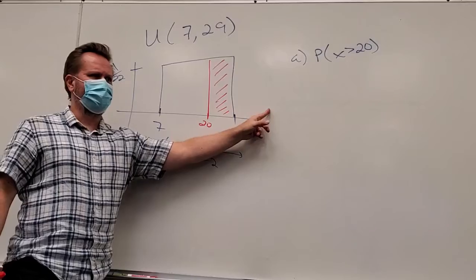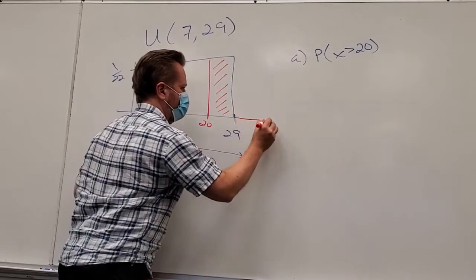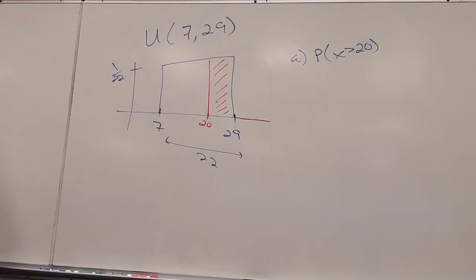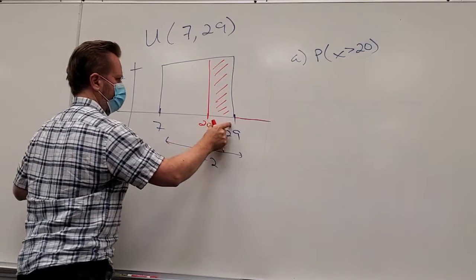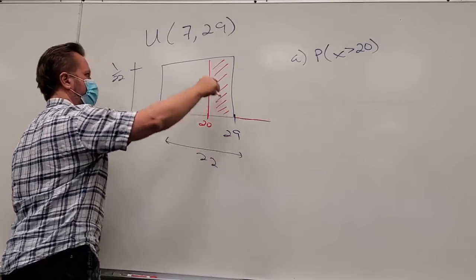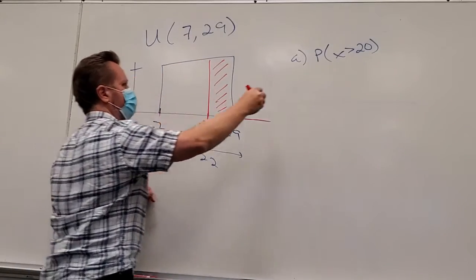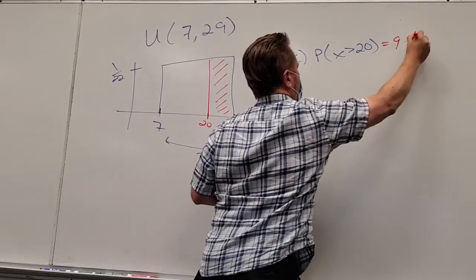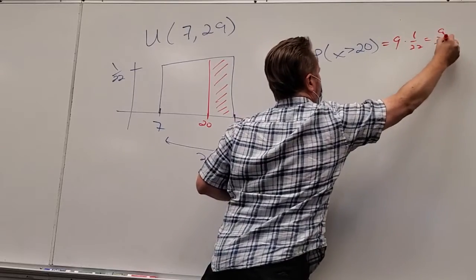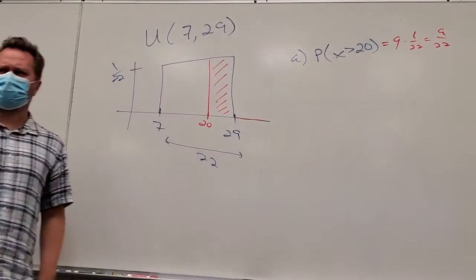You could say I did, I shaded past that, but it's just 0. There's nothing out there, so it's not going to give me anything. I don't know if you really believe me, but it really is just the area of that. It's just a big rectangle, right? You can make a little formula, but who cares about the formula? It's how wide is it? 9. 9 times how tall is it? 1/22. So 9 over 22, and that equals whatever that is.